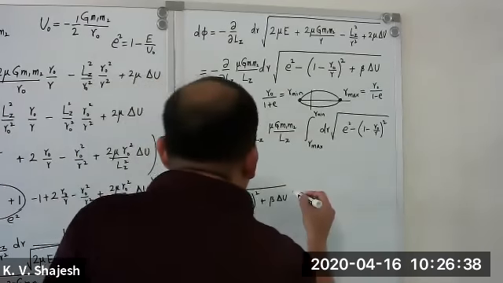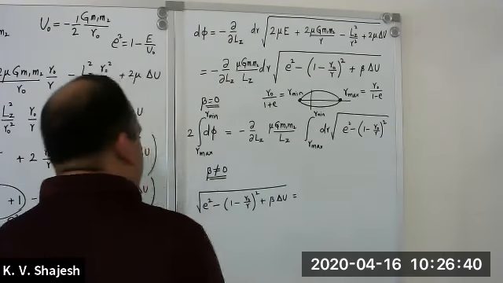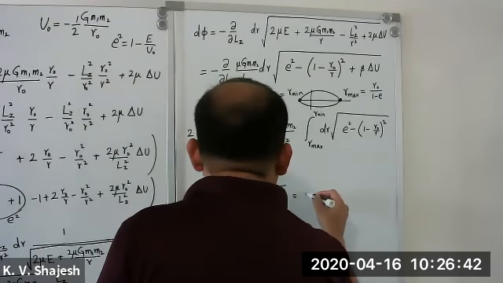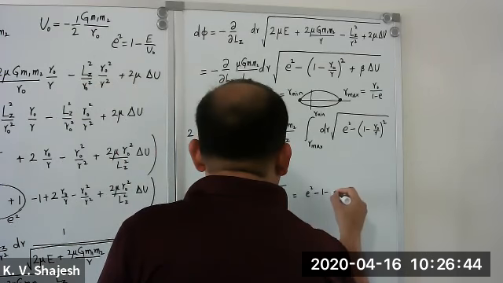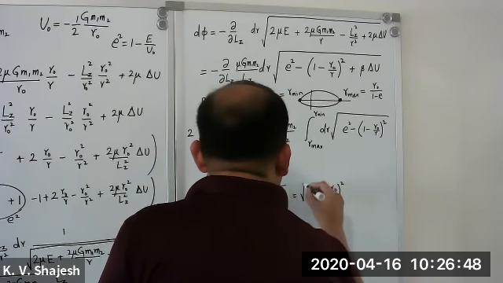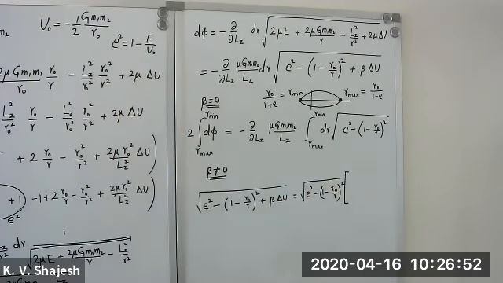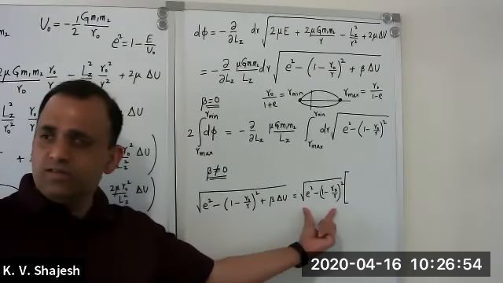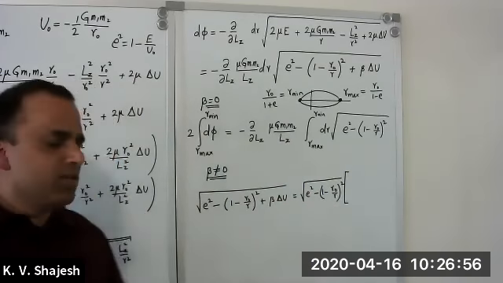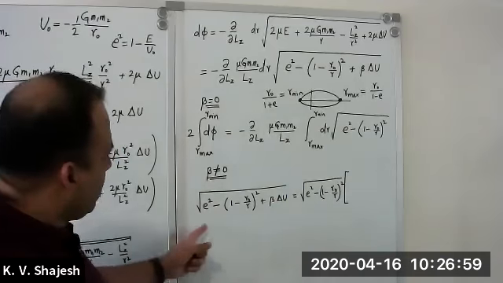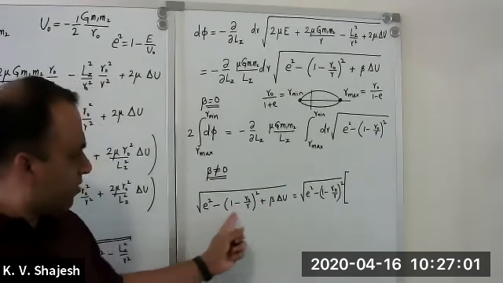So I would like this to be as close to that as possible. So this is E square minus 1 minus R naught over R the whole square, square root, and the change, right? That is your old solution. We know what that is. But now what is the change?